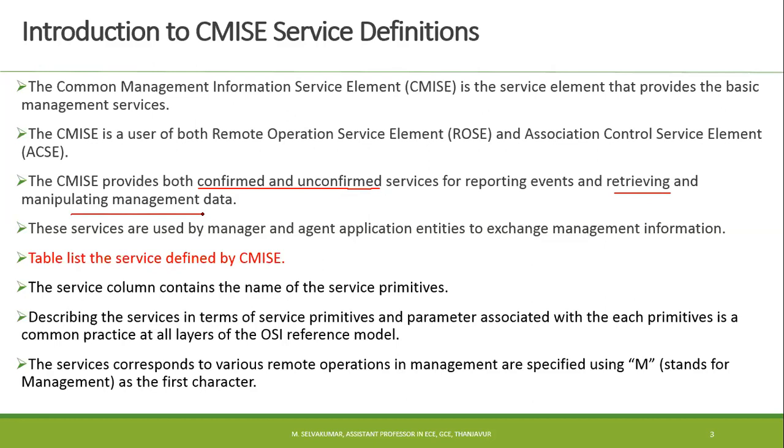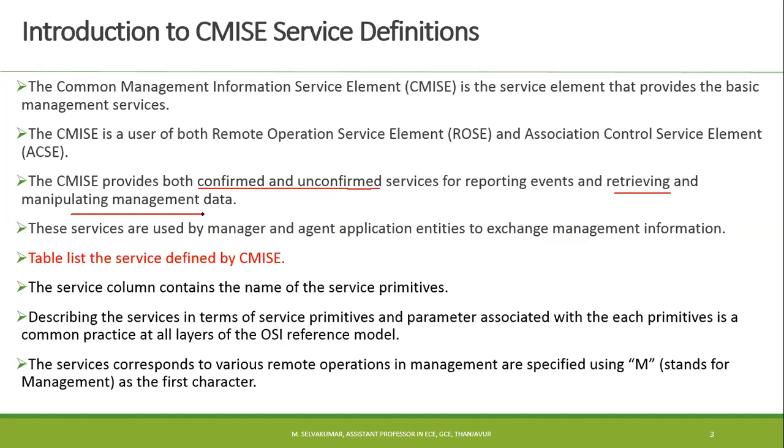On one side there is an operation system or manager system, and on the other side a remote system, which we call the agent system. The manager system has to get information from, or put information into, the managed objects of the agent system or the remote systems. The services between the manager system and the remote system are done by the Common Management Information Service Element.